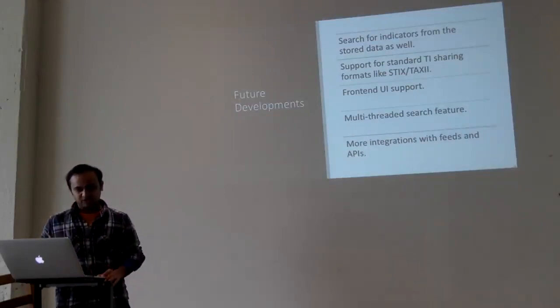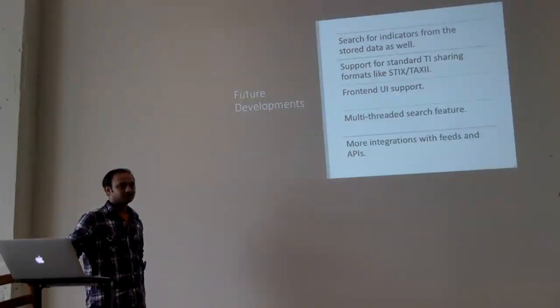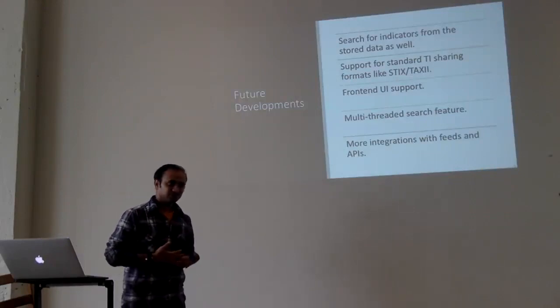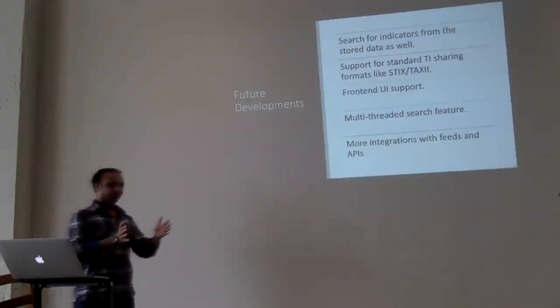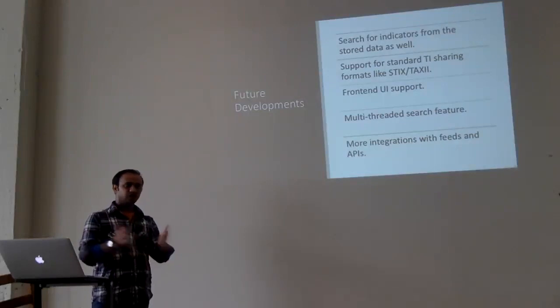The second one is support for standard formats like STIX, TAXII. Anyone familiar with it? STIX and TAXII is an open threat information sharing format that was developed because you have a bunch of security tools, and they all have their own way of collecting threat intelligence and their own way of reporting it.